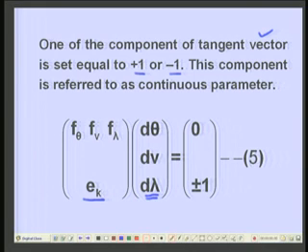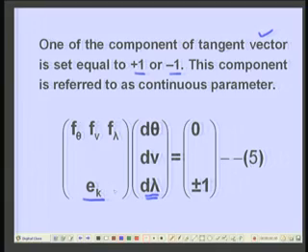For example, you can make one of the elements of the voltage component, say the voltage of bus 1, dV1 or dV2, any one, or similarly the phase angle of any of the bus voltages, equal to 1. You make it plus 1 or minus 1.